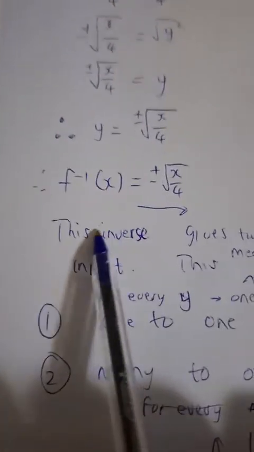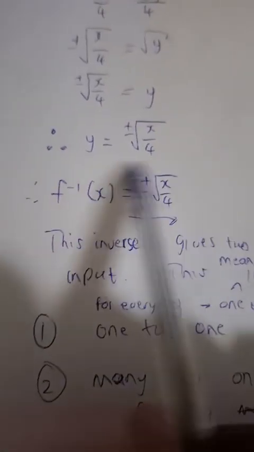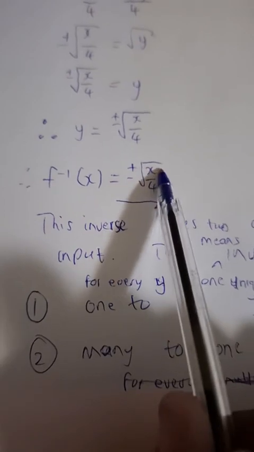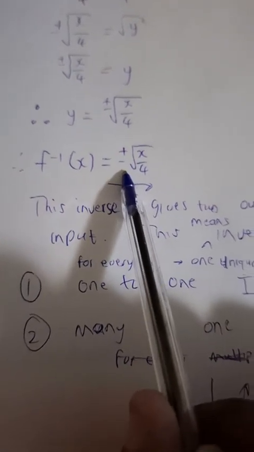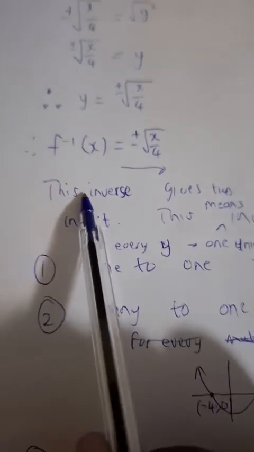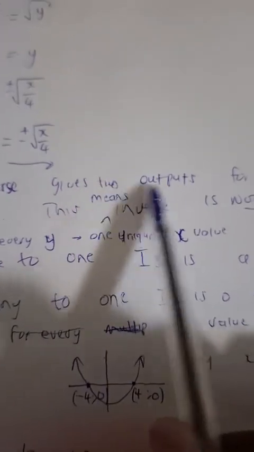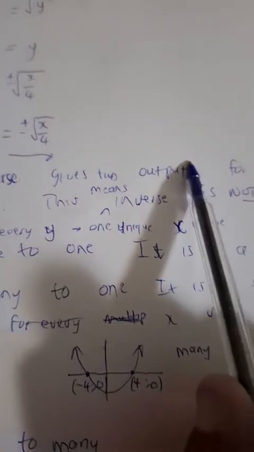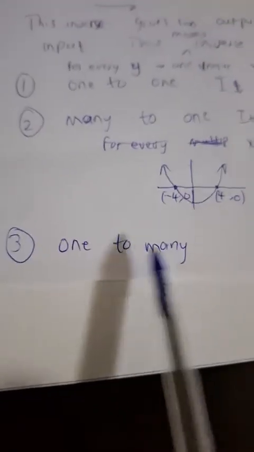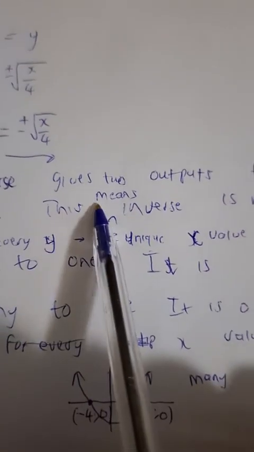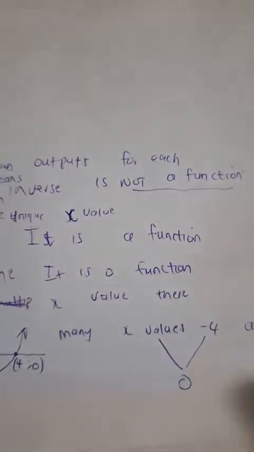So that's why they are saying here, for instance, this inverse, which is the square root of x over 4, plus minus, this is grade 12, plus minus, this inverse gives 2 outputs for each input. All right. In other words, this is a typical one to many. So they say this means the inverse is not a function.